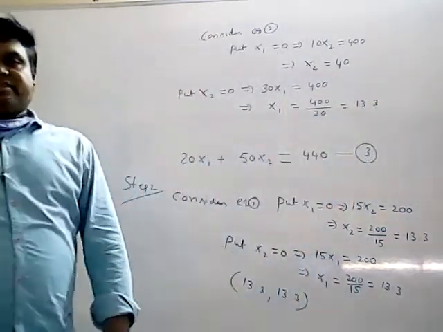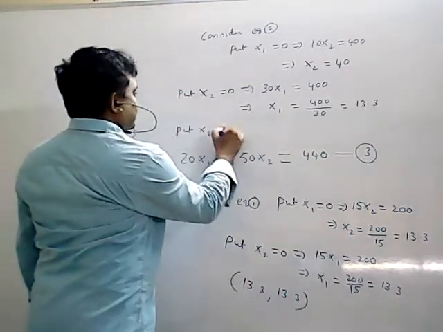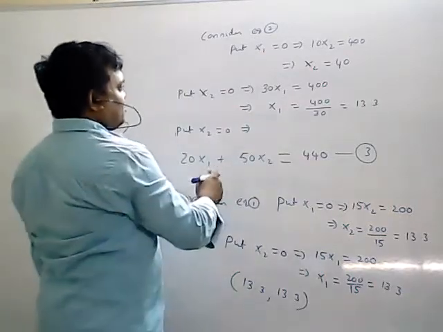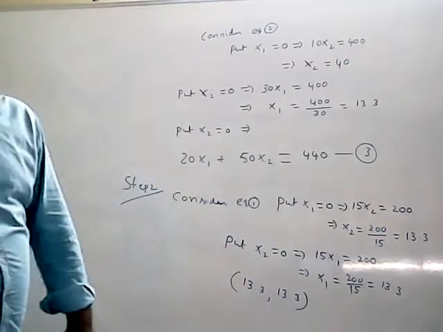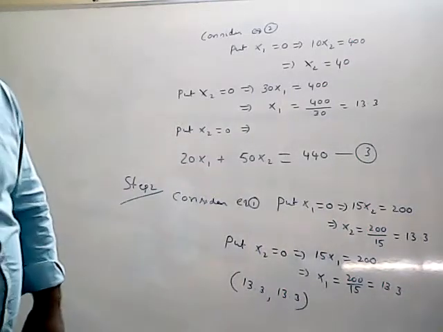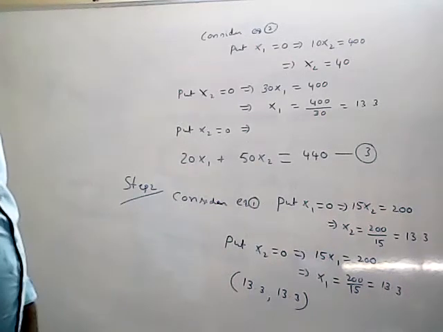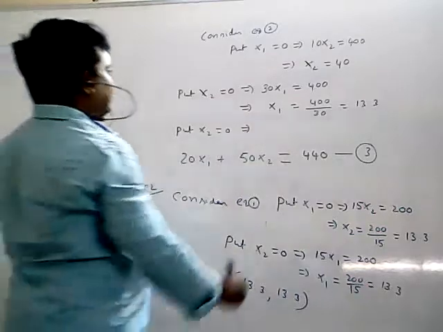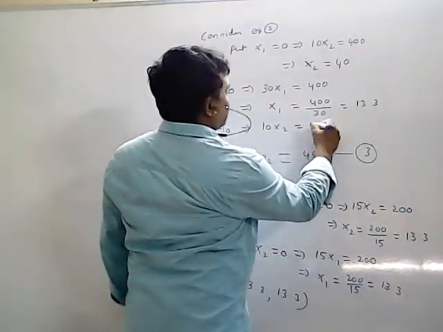Same equation, with x2 equal to 0 you get 30x1 equal to 400, and with x1 equal to 0 you get 10x2 equal to 400.